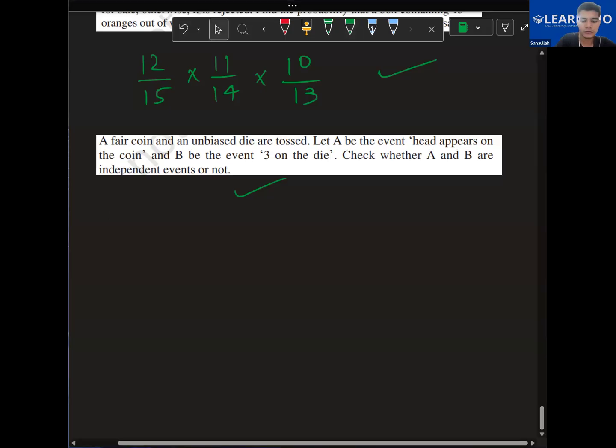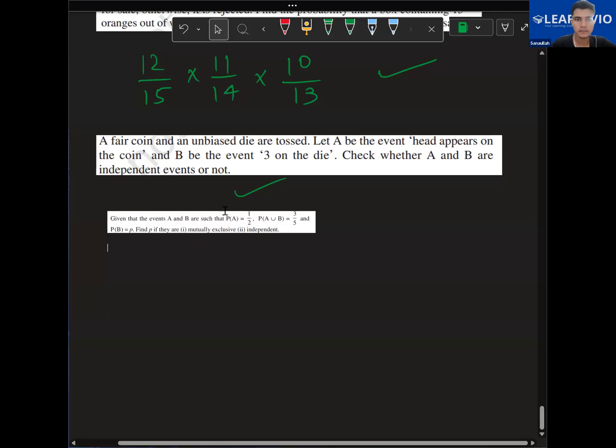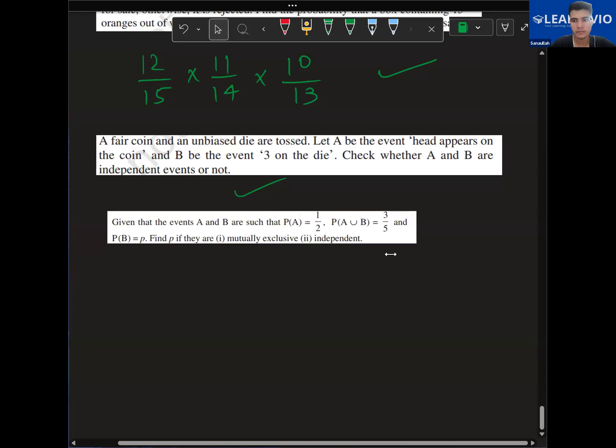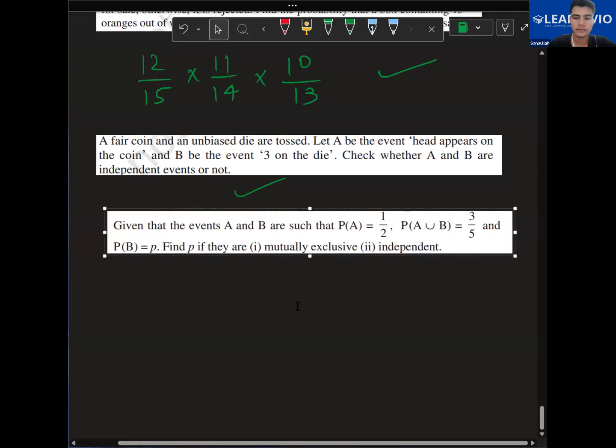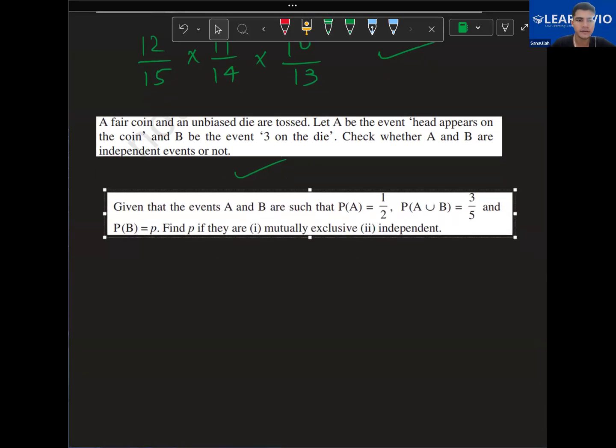Try this. Do you know what mutually exclusive events are? What do you mean by mutually exclusive events? Do you know? No, sir.